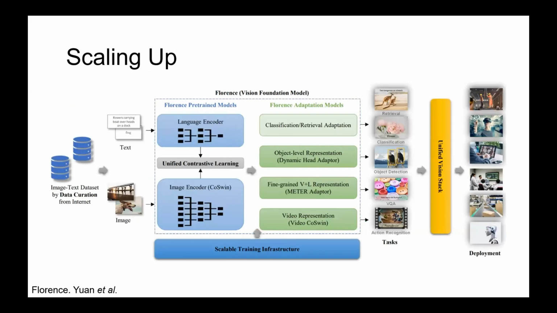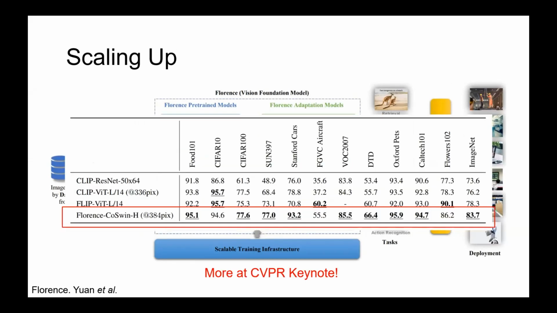Finally, this model can be further scaled up, as shown in the Florence model. The Florence model achieves much better ImageNet zero-shot performance compared with CLIP, FLIP, etc. And this will also be covered by the CVPR keynote.